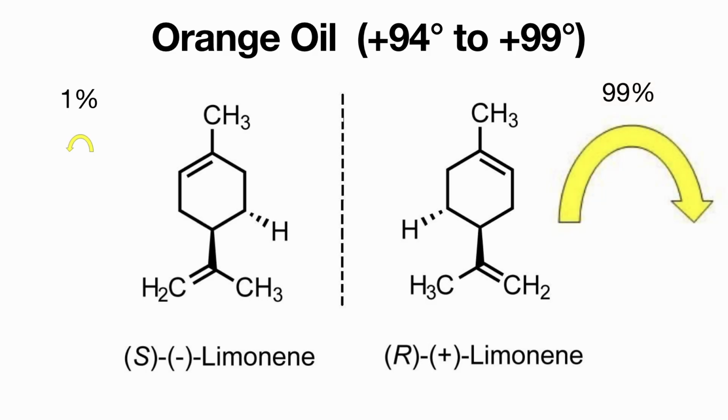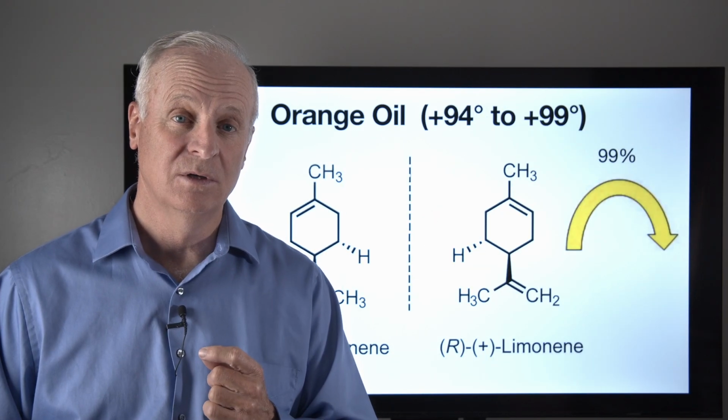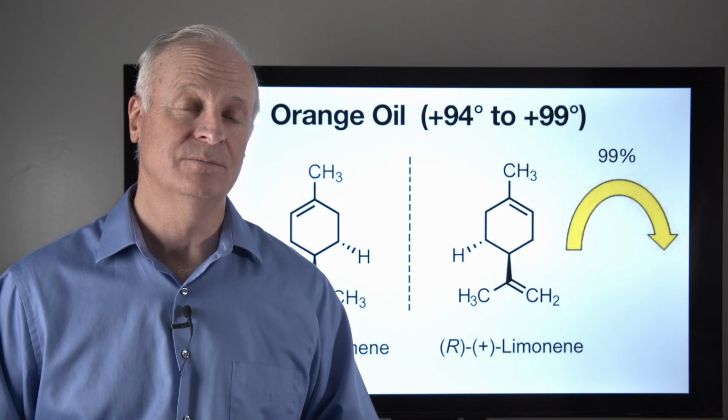And when it goes through the minus limonene, it produces a small shift to the left. And when you add those two together, it's predominantly a big shift to the right. And so we have plus 94 degrees all the way up to plus 99 degrees. That's how polarized light can help us differentiate between orange oil and, let's say, lemon oil.